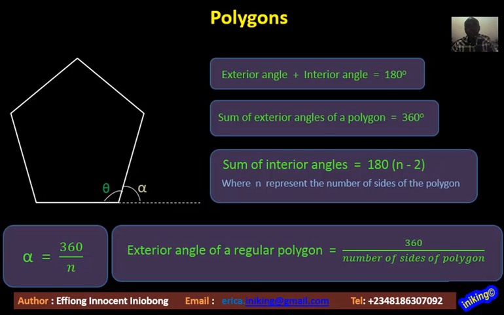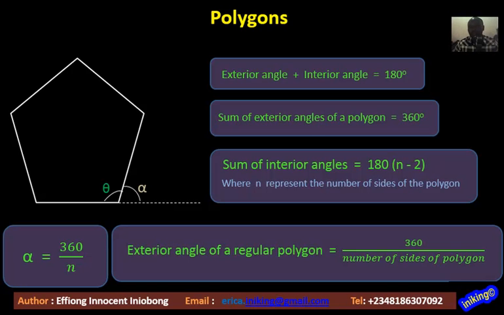On the screen, we have a summary from the first video clip, where we had that the exterior angle of a polygon plus the interior angle is equal to 180 degrees.